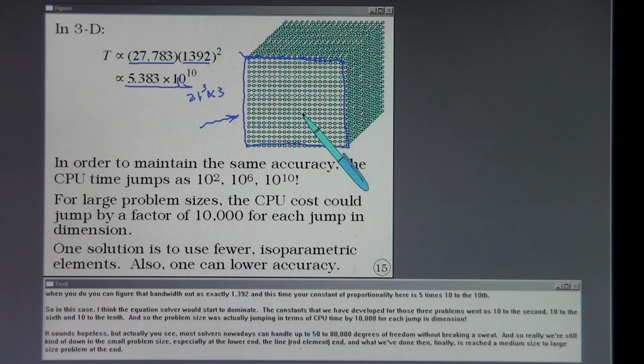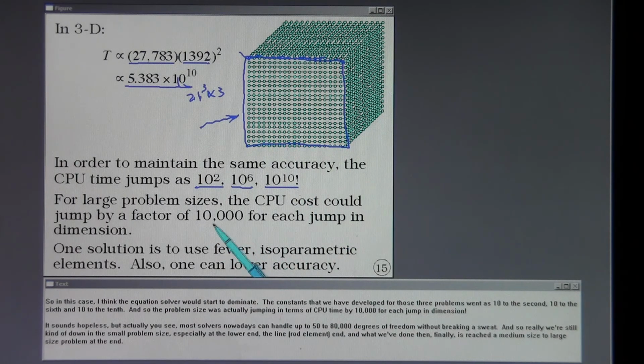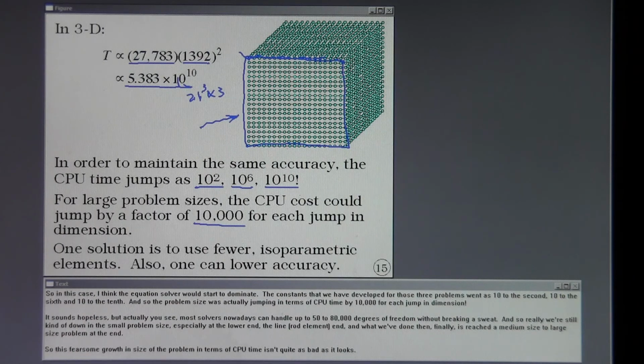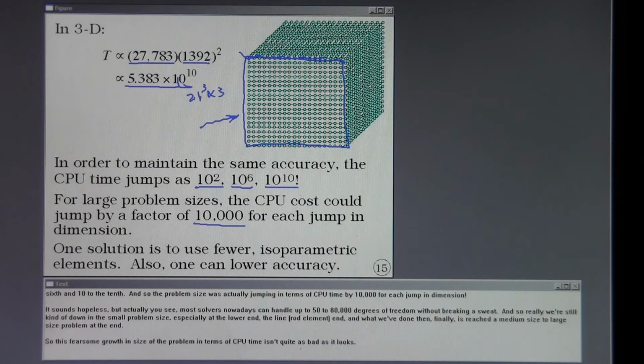The constants that we have developed for those 3 problems went as 10 to the 2nd, 10 to the 6th, and 10 to the 10th. And so the problem size was actually jumping in terms of CPU time by 10,000 for each jump in dimension. It sounds hopeless, but actually you see most solvers nowadays can handle up to 50 to 80,000 degrees of freedom without breaking a sweat.